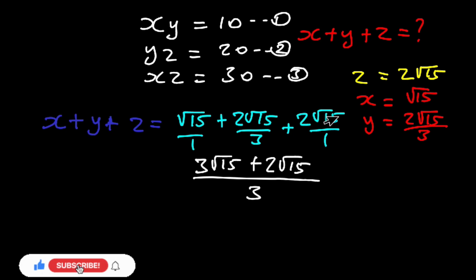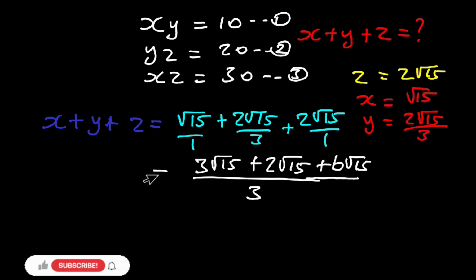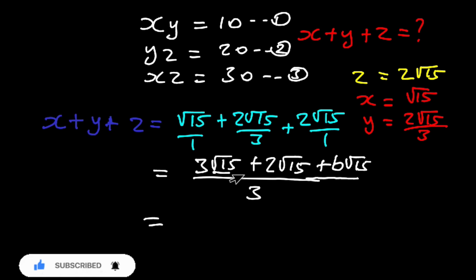3 times 2 root 15 is equal to 6 root 15. So this is going to be equal to 3 root 15 plus 2 root 15 plus 6 root 15. 3 plus 2 is equal to 5, 5 plus 6 is equal to 11. Or rather, let me do it this way. They have the same term here, which is root 15.